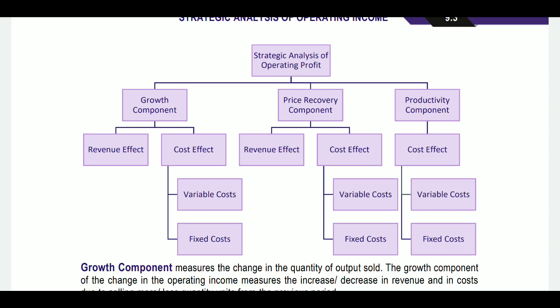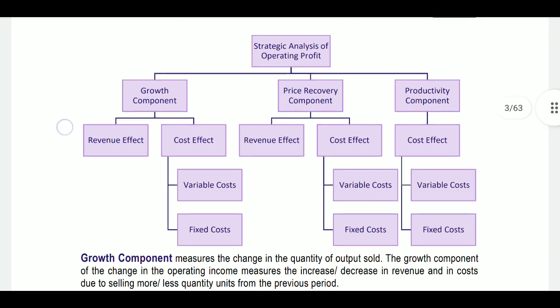For the growth component, it is the quantity of output sold; whatever change in the quantity of output there is, that is the growth component. The price recovery component is the change in operating income measured in revenue and cost, and it has a revenue effect and a cost effect. And the productivity component is also a measure of operating income.